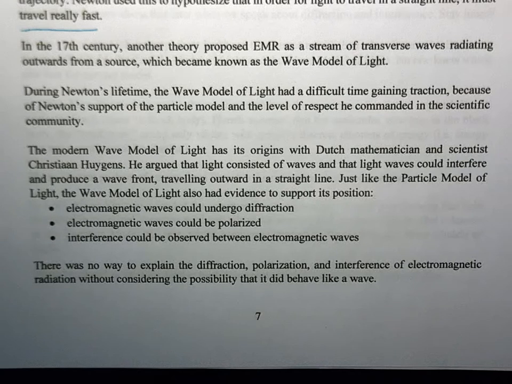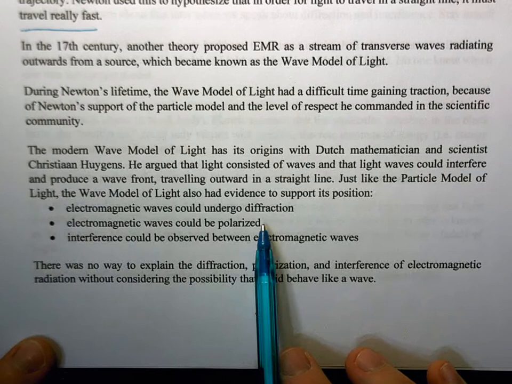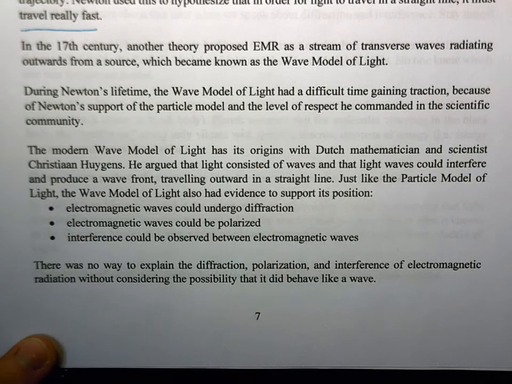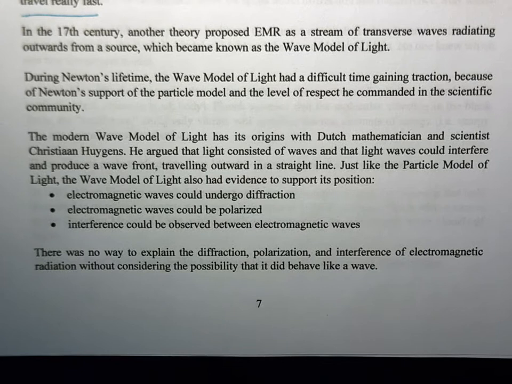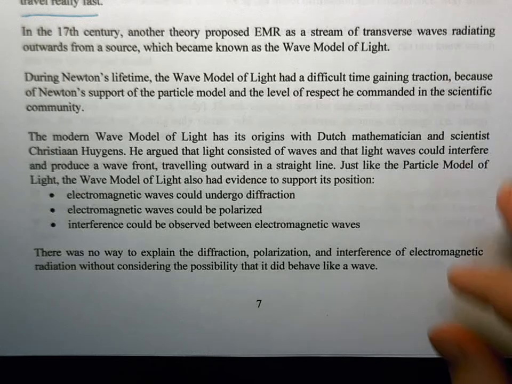In Physics 20, when we talked about constructive versus destructive interference, we could also observe that with electromagnetic waves. These properties, diffraction and polarization, and as you've already seen in Physics 20, interference, can only be explained if we treat light as a wave. So this gave support to the wave model of light.